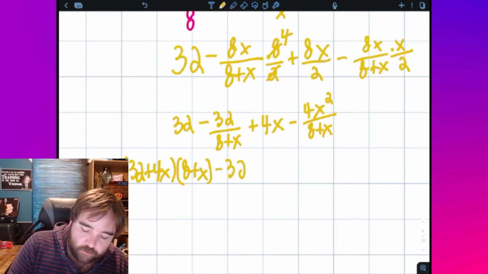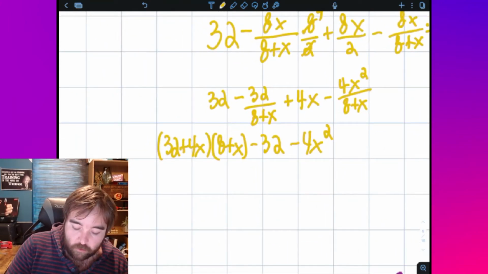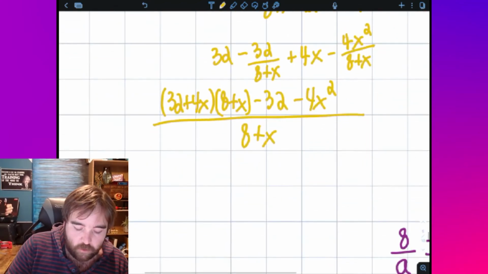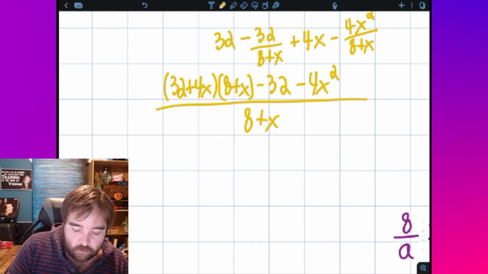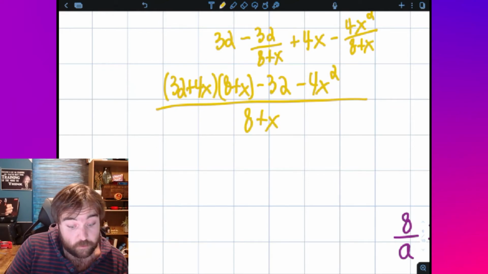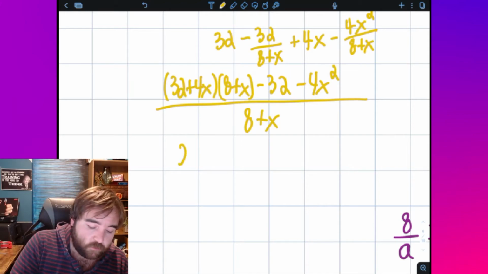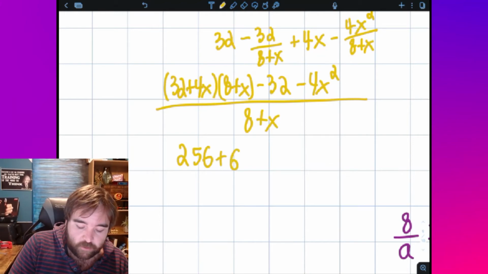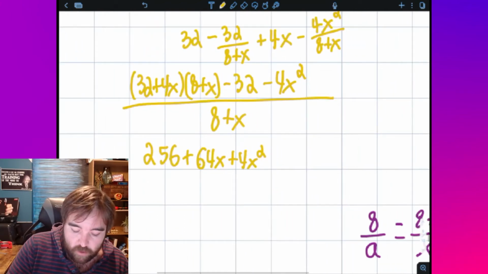So minus 32 minus 4x squared. And all of that is over 8 plus x currently. So let's distribute: 32 times 8, 64, 128, 256. Plus 32x plus 32x, 64x plus 4x squared minus 32 minus 4x squared.